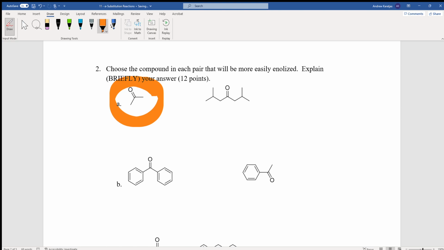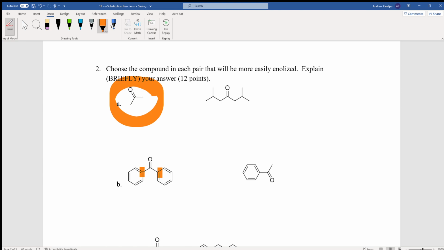Part B is pretty straightforward. We have one compound, the one on the left, benzophenone, where neither of the alpha carbons has any hydrogens on it. Since there are no alpha hydrogens, not only would it be difficult to enolize, it would in fact be impossible to enolize.